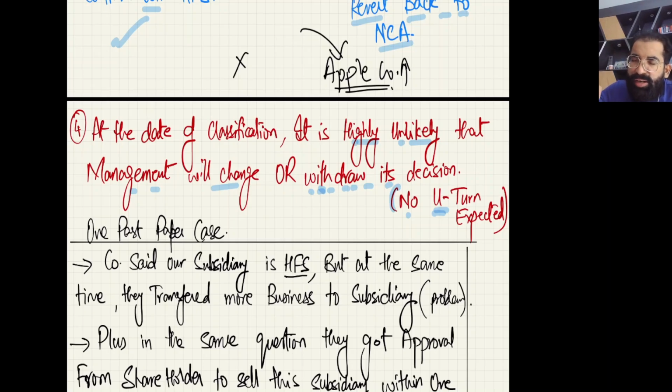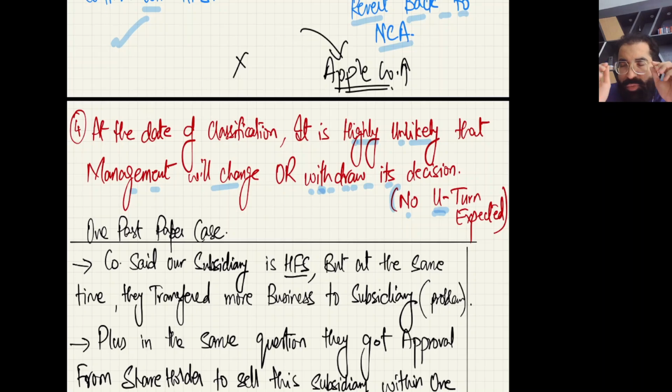It means at the date of classification of held for sale, it looks like this asset will be sold, definitely will be sold. It is highly unlikely that management will change or withdraw the plan. There is no such point coming to the knowledge of the auditor or management that the company will take a U-turn, or reverse its decision of selling the asset.